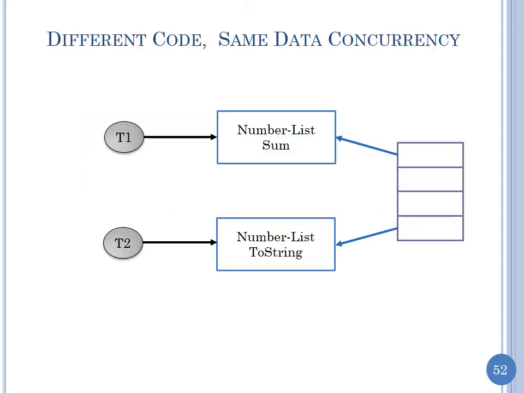So here's going to be my example of different code, same data concurrency. So I've got a list, and I'm not doing a token count and sum of it. I'm doing a sum and a toString of the list, where I go and take the list and concatenate the toStrings of each element of the list. Okay, that's what I want to do.